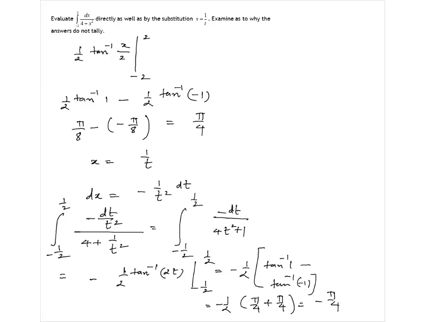Eventually minus pi by 4. So why do answers do not tally? Because of continuity.